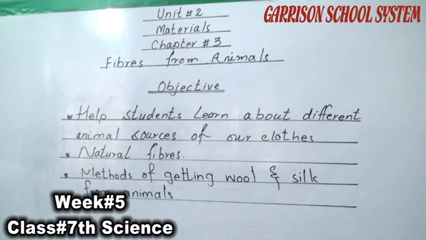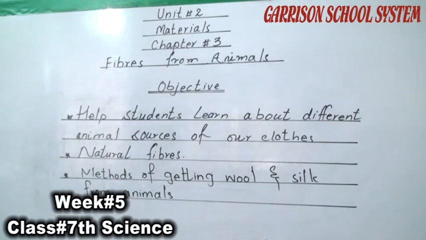The second one is the synthetic fiber. By the name synthetic, it means they are synthesized by different chemical processes. So the fibers that are made with the help of chemicals are called synthetic fibers. In this lecture I will tell you about the animal sources of our clothes and the natural fibers.